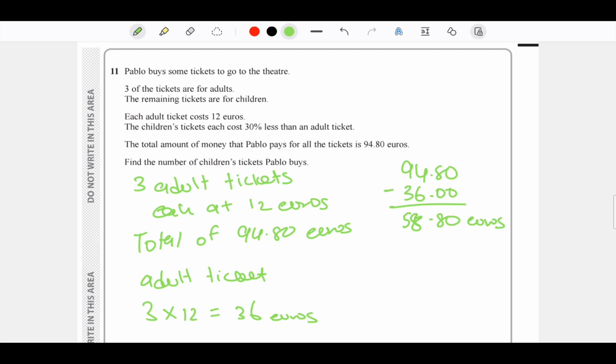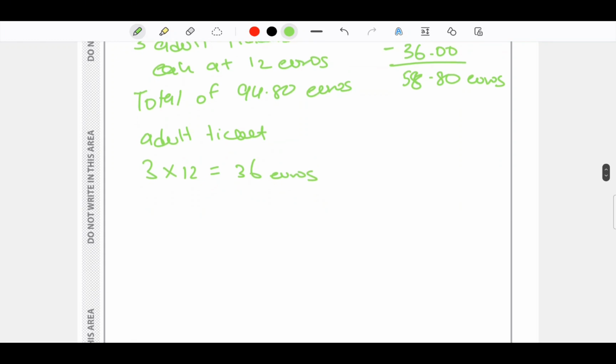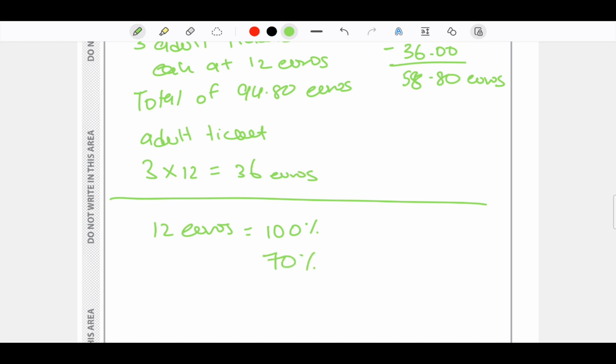Alright, so now time to do the ratio part of this question. We know that 12 euros, which is one adult ticket, equals 100%, and that 70%, which is 30% less, would equal one child ticket.